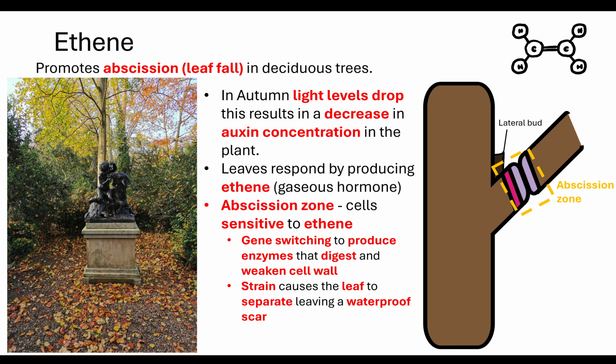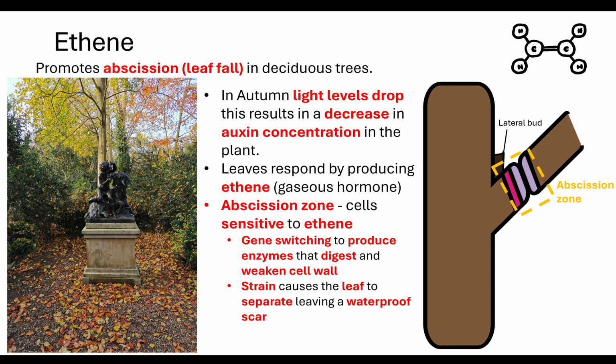That's the leaf fall. What will be left is this waterproof scar. So what the plant has done is it has prepared the area so that when the leaf does fall, it has blocked off any entry to any pathogen. So this is one of the roles that ethene has in the plant.